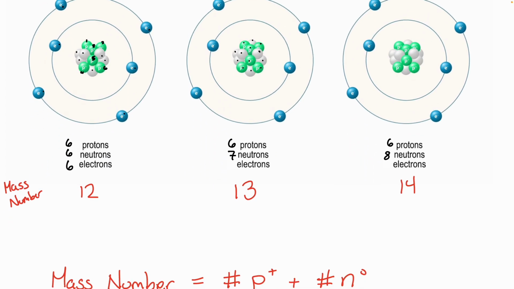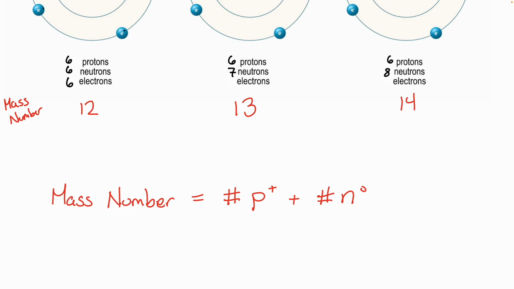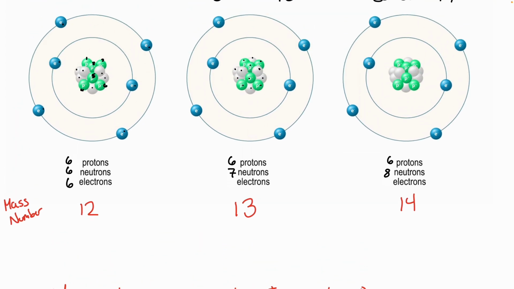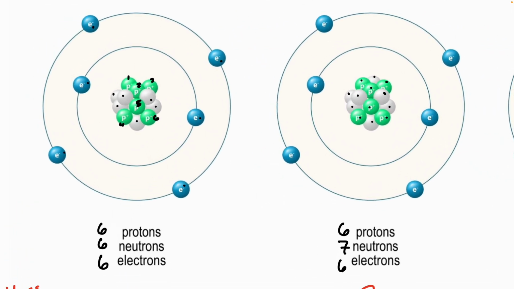Okay, and then lastly, the last thing that we can talk about is the charge, or what we would call the net charge on that atom. Actually, all 3 of these examples have 6 electrons, so let's just focus on this one here.